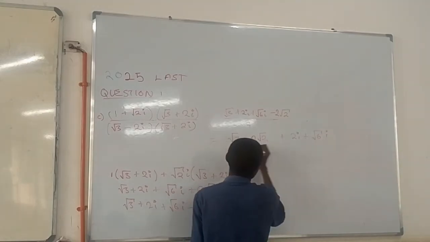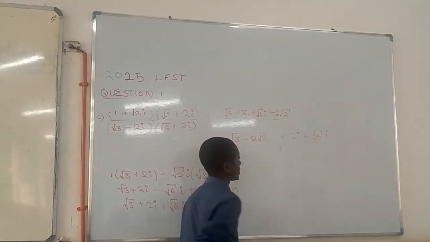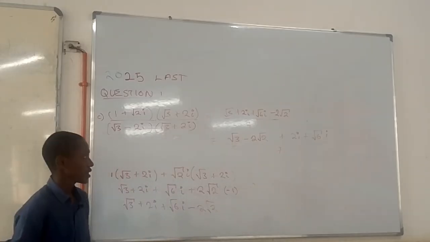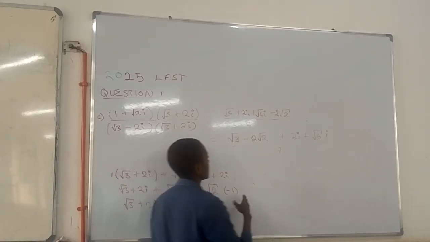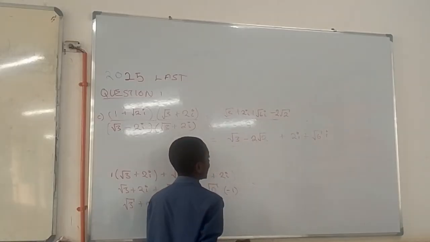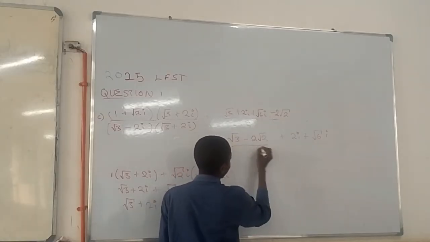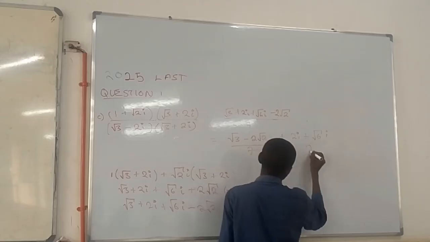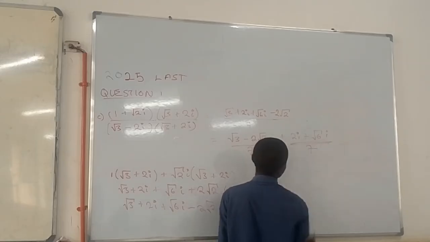Okay? And we know that this is over 7. But what we are going to do is we'll separate this over 7. I haven't changed anything.